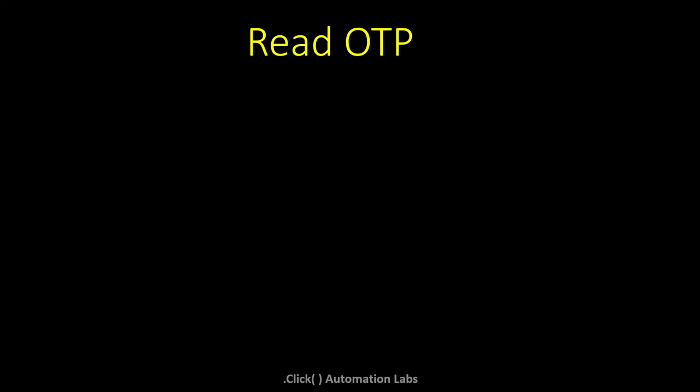Today we will discuss one of the important topics called automating OTP transactions. Most of the time we do not automate OTP transactions because it is very tough to read the email and get the OTP from the email. Alternatively, we can ask the developer to turn off the OTP in the testing environment and complete the rest of the process.